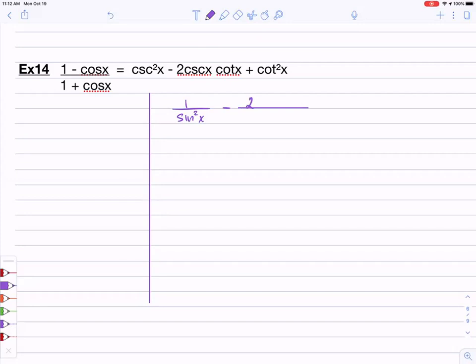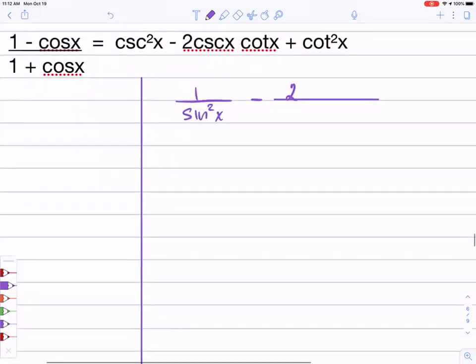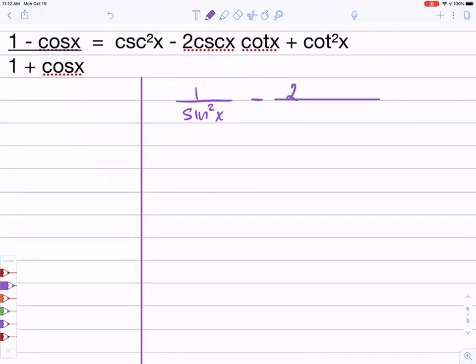Okay, so Zykeria, in that middle term, we've taken care of the 2. What about the next piece of that term? The cosecant, what can it be replaced with? 1 over sine. I'm not going to write the 1 over because I've already got a 2 up there and it would be a 2 times a 1 and I don't need that. So I'm just going to write the sine on bottom.